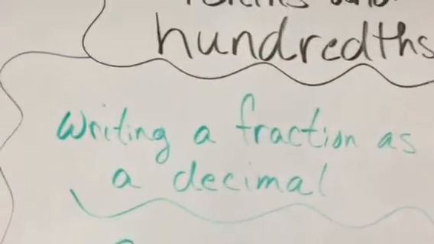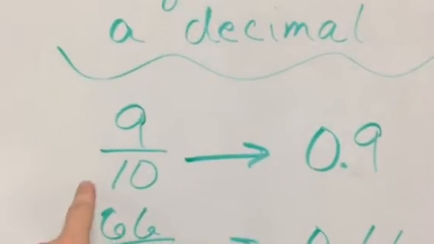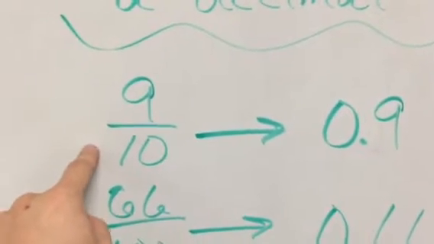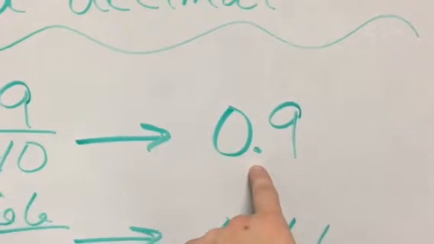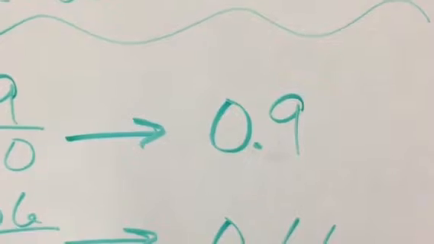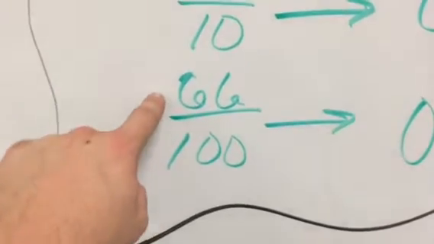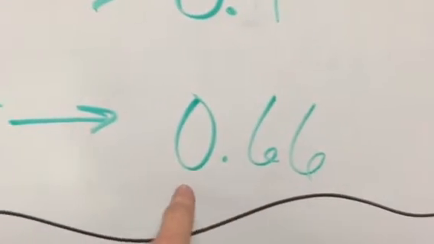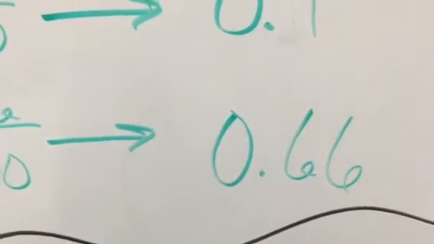When we're writing a fraction as a decimal, we have our fraction and we have our decimal. So 9 tenths, we write it as 0.9, and we would read this as 9 tenths, or 0 and 9 tenths. Here we see 66 hundredths, we write it as 0.66, or 0 and 66 hundredths.